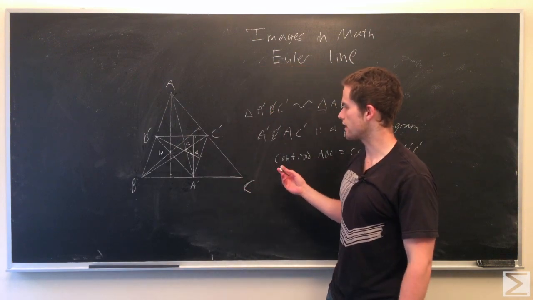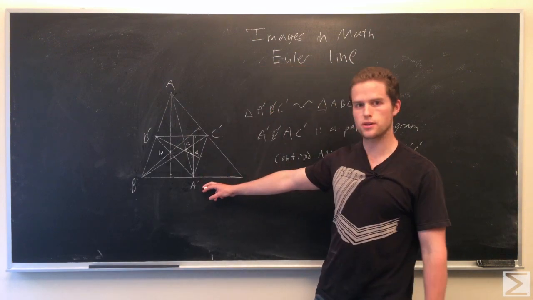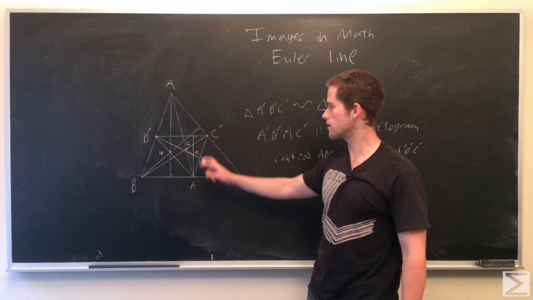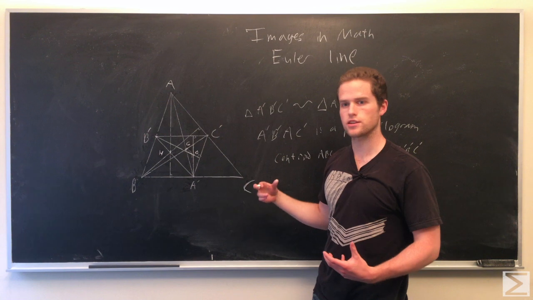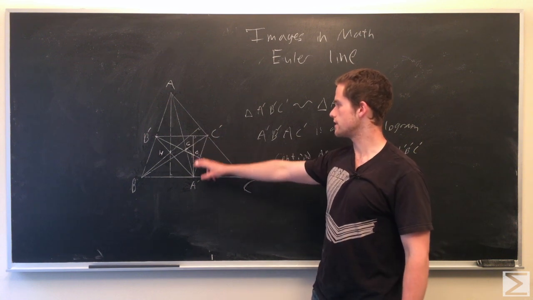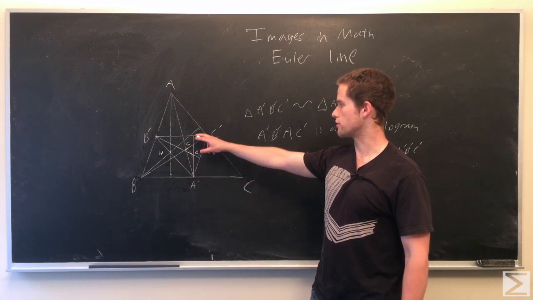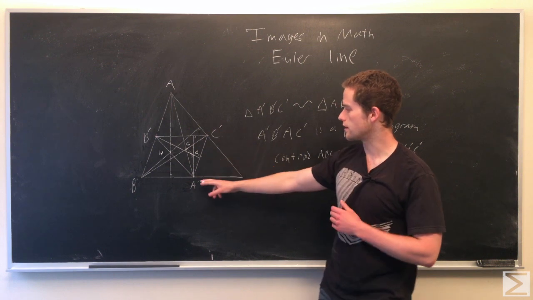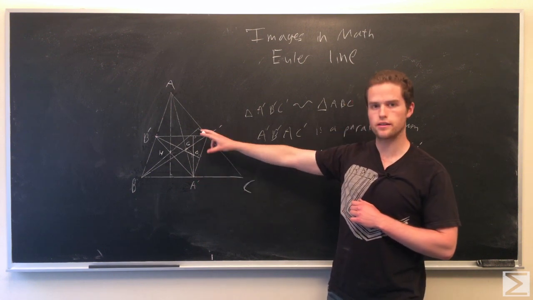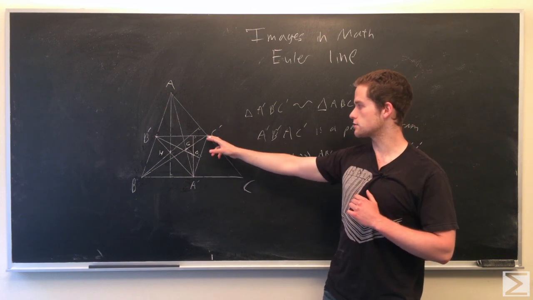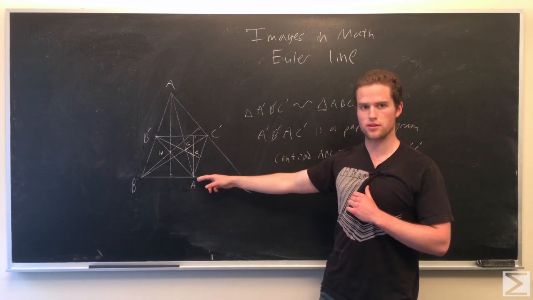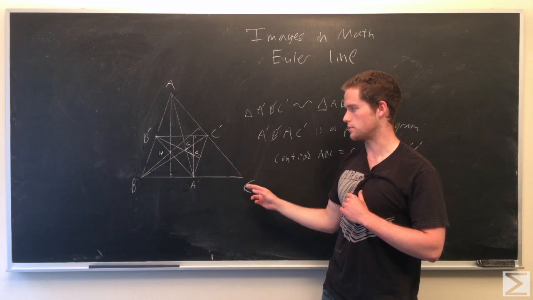Next, the orthocenter of the smaller triangle A prime, C prime, B prime is just where the altitudes of the triangle intersect each other. The altitude going from A prime to the opposite side B prime C prime is perpendicular to B prime C prime. But that's parallel to BC, so it's also perpendicular to BC, and it also bisects BC.